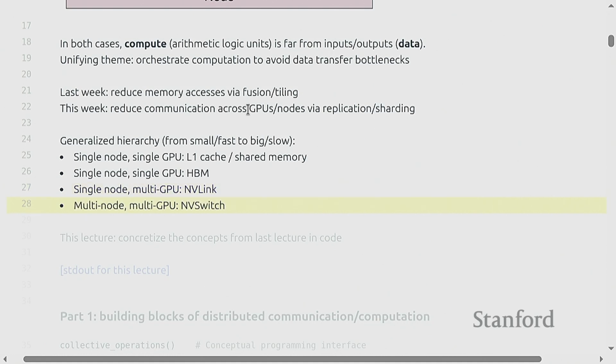And then finally, we have NVSwitch. Of course, this is all in the NVIDIA ecosystem. Many of the core concepts of minimizing data transfer are really the same, but now the mechanics are a bit different because L1 behaves differently than these NVSwitches.